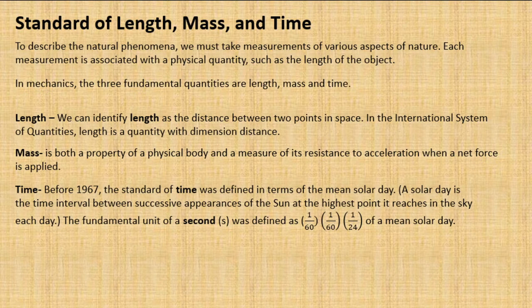So 1 over 60 seconds in a total of mean solar day in a total of 3,600 seconds. So the time is based on the rotation of one planet, the Earth. Therefore, this motion does not provide a time standard that is universal.